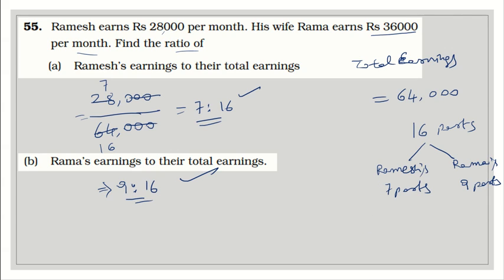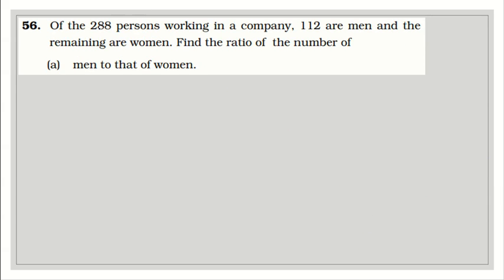Further, coming to question number 56: of 288 persons working in a company, 112 are men and the remaining are women. So here, out of 288 persons, we have 112 men and the remaining. So 288 minus 112: 8 minus 2 is 6, and 8 minus 1 is 7, 2 minus 1 is 1.